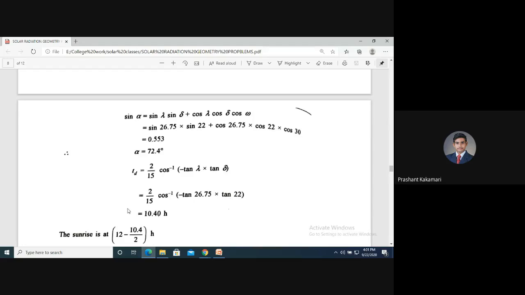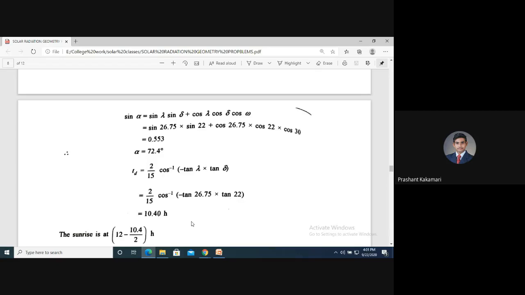Okay. So now we know the total number of hours the sun was shining. Now just applying some rules of sunset and sunrise, before 12, or in the morning session of the sun path, we are using the negative sign. And for the afternoon session, we are using the positive sign.